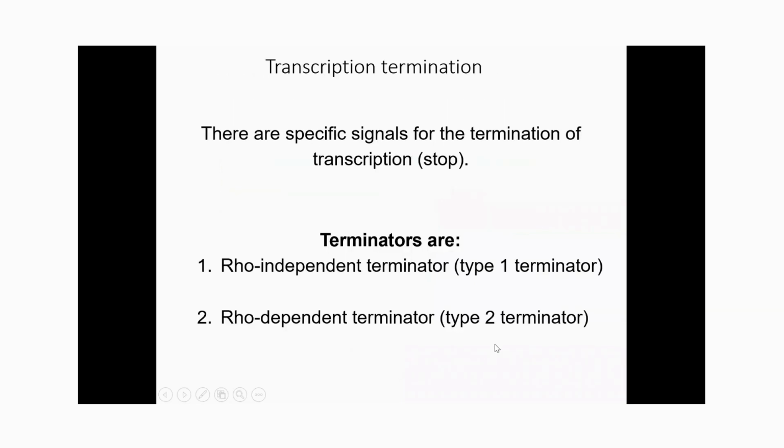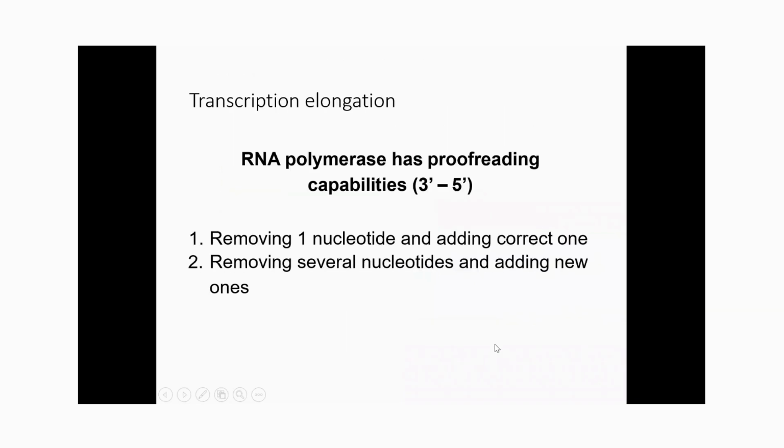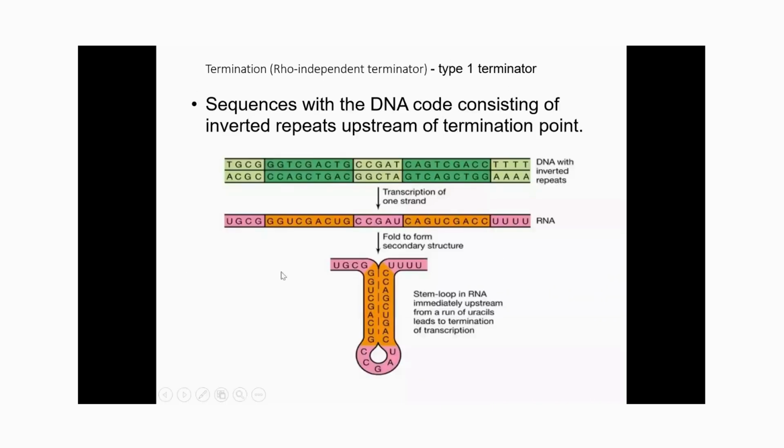And because of the complementary bases, here there is a formation of a double-stranded structure. This region is single-stranded because complementary bases are not there. But this region we can say is 1, and this region is 2.